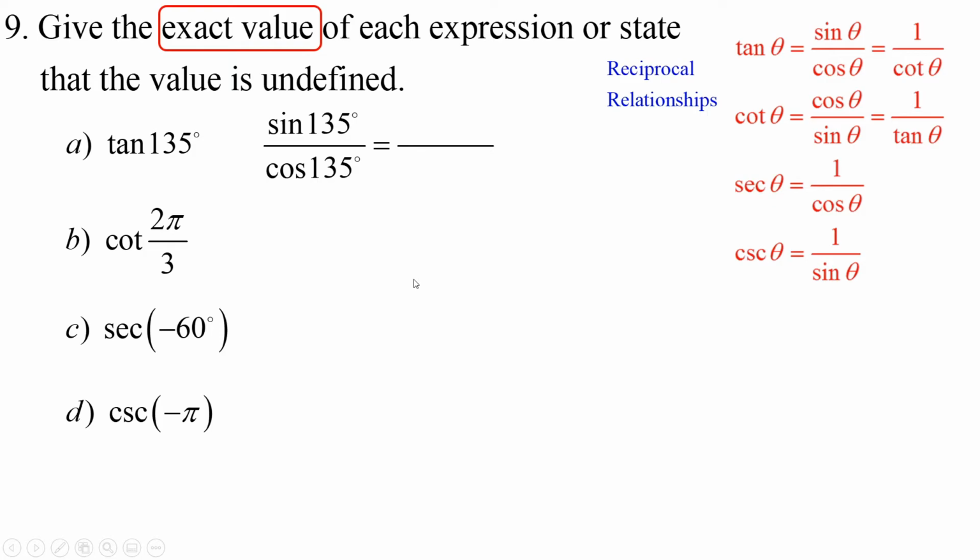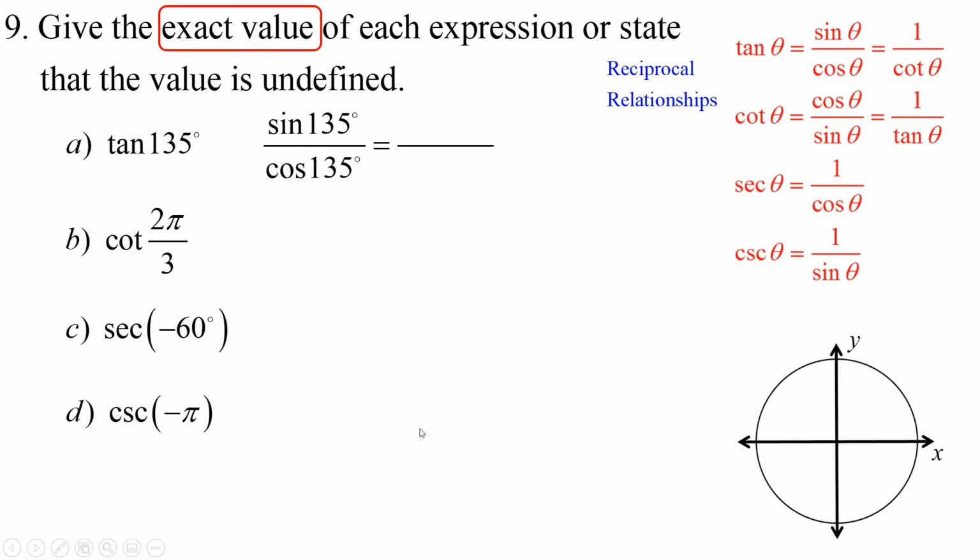So what is sine of 135 degrees? Well, we better visualize that and then get a reference angle. 135 degrees, wouldn't that be right there? And isn't the reference angle for 135 degrees going to be 45 degrees? Right there.